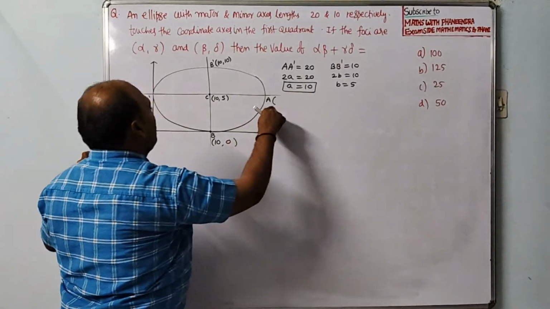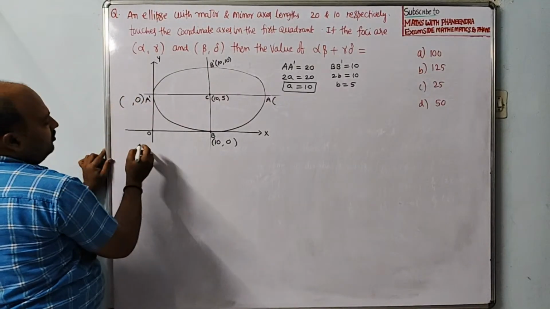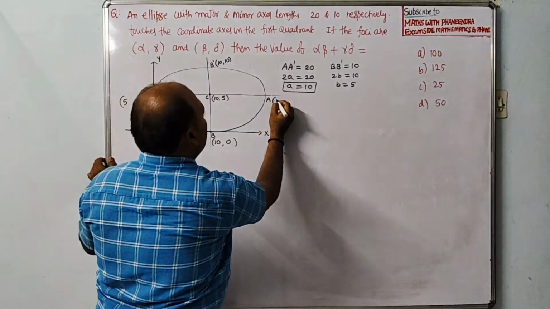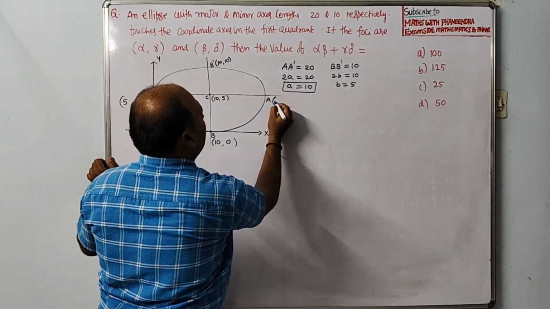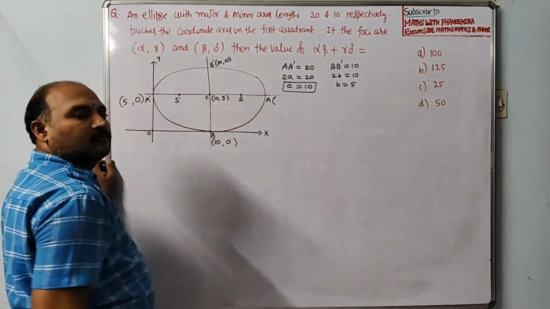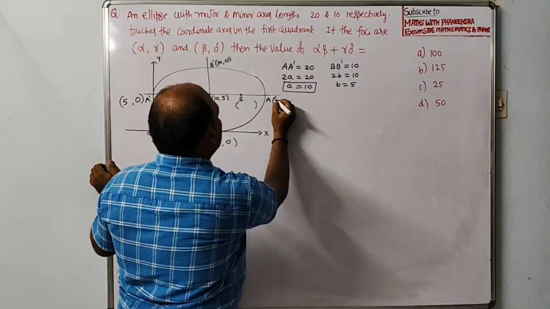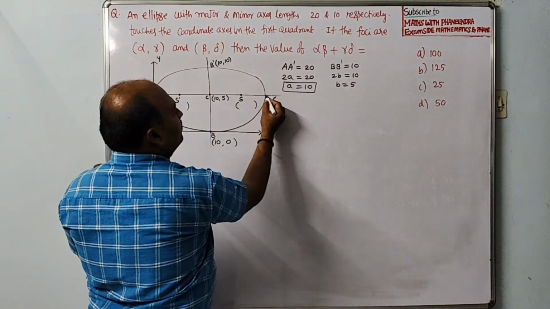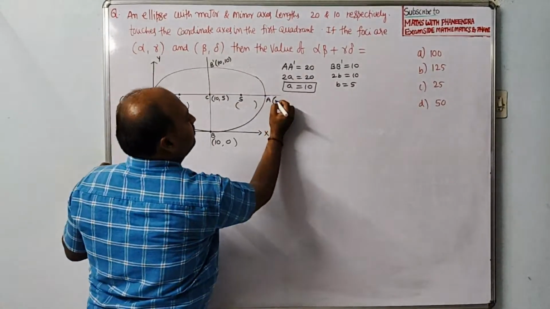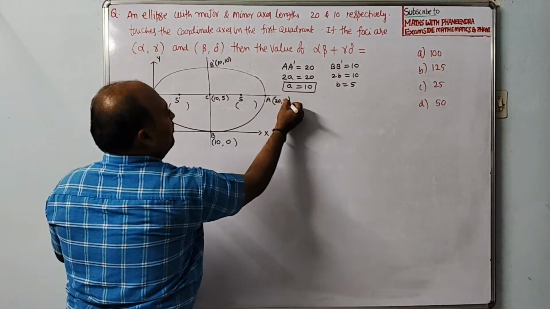Next, A value and A dash. A dash means it lies on the y-axis, no? So (0, 5). From here to here it is 5 units. So here, this is the focus, S dash and S. A value from here to here, (20, 5), dear students.